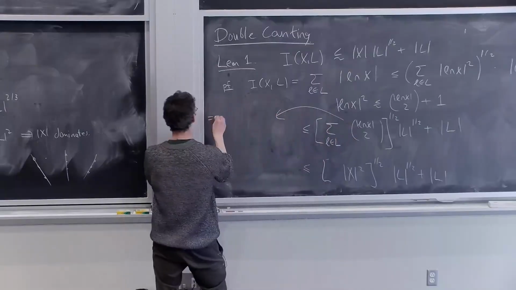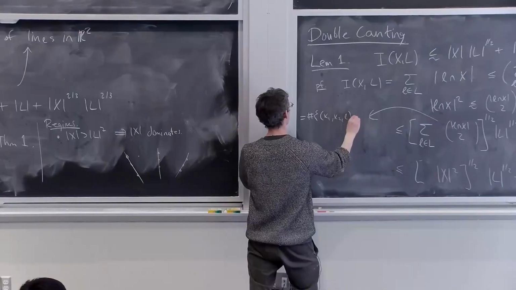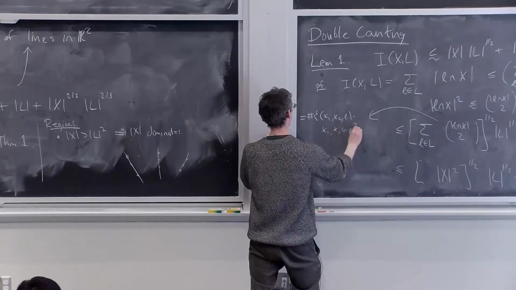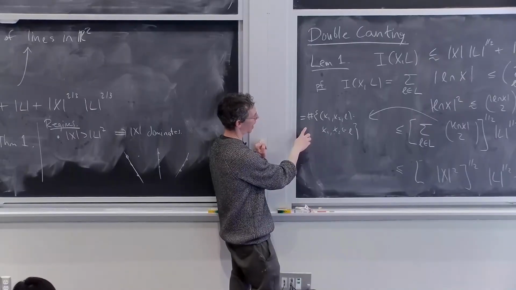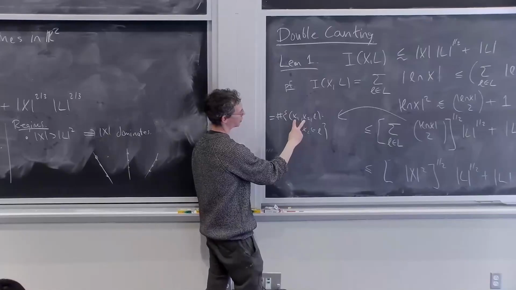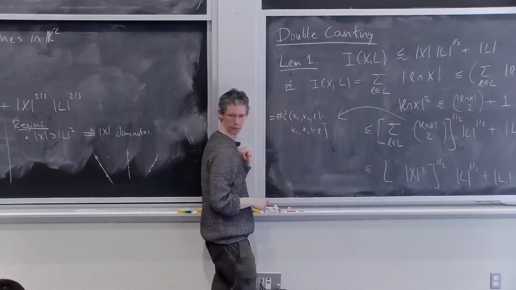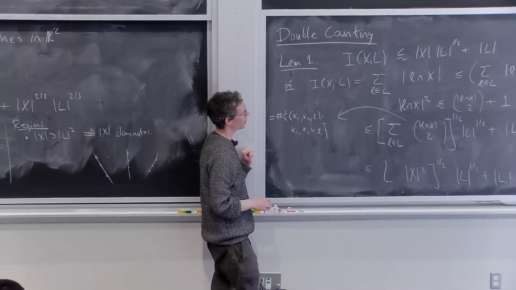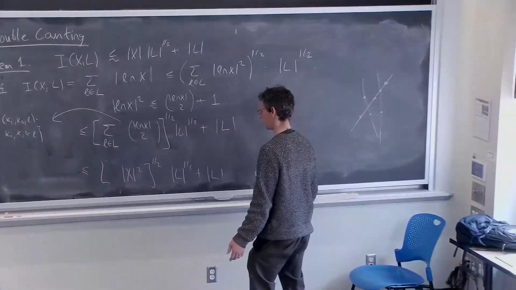So this here is the number of x1, x2, and L, so that x1 and x2 are on L. If you count the lines first and then add up over the lines, you get this expression. But if you fix x1 and x2 first, there'll only be one line, and so you get this. All right, and now this is that. So that's the end of the proof.